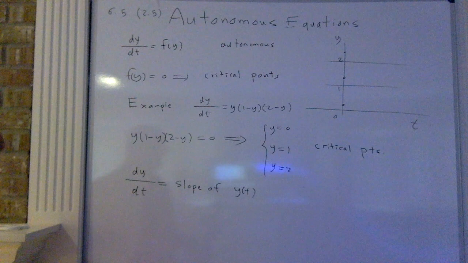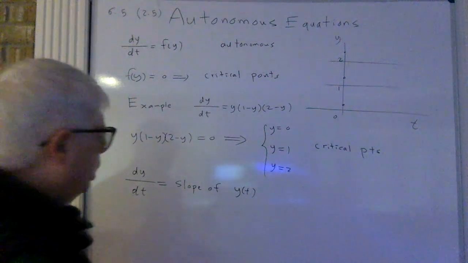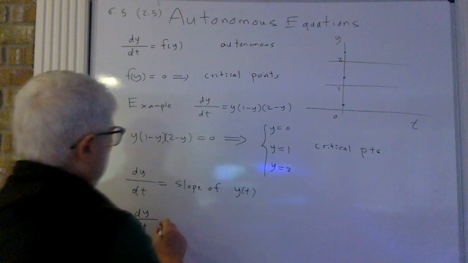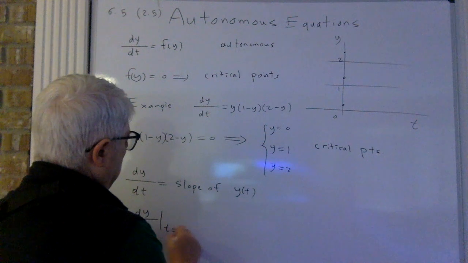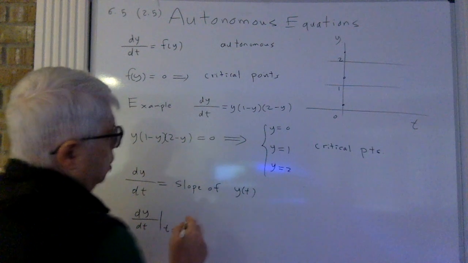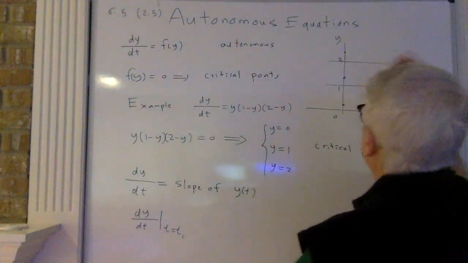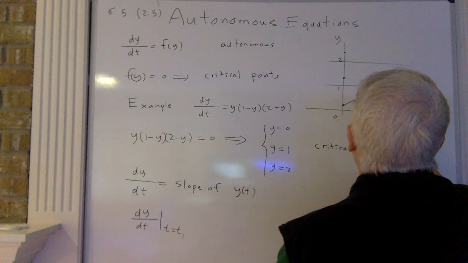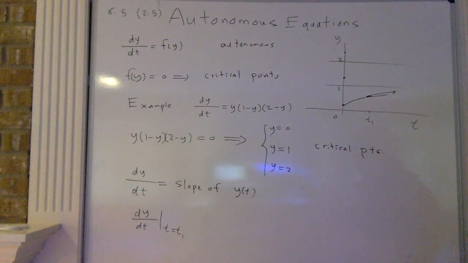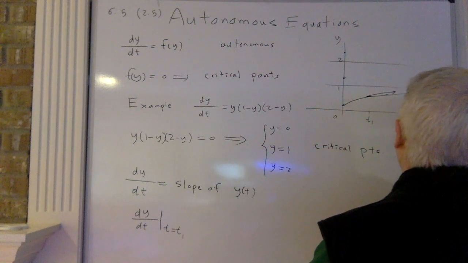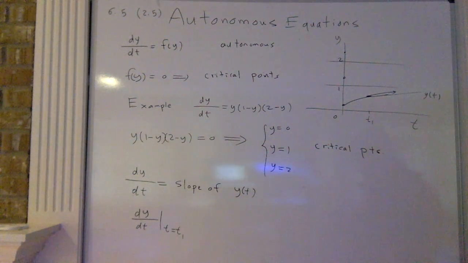For a given t, say t equals t1, if it starts here, I have this slope of the line tangent to y(t). You don't see any t on this side, because it depends on y.